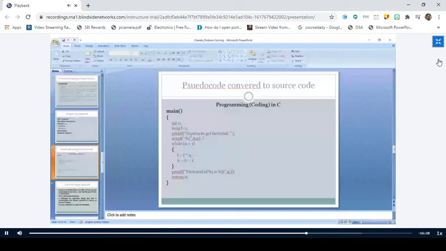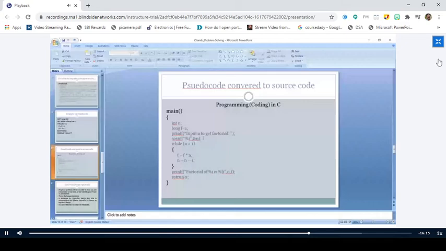Again, problem solving using computers can be divided into three types. Either you can give the solution for a particular problem using an algorithm, or second, you can give the solution using a flowchart, and the third is you can give the solution for the problem using pseudocode, right? And we know what an algorithm is.